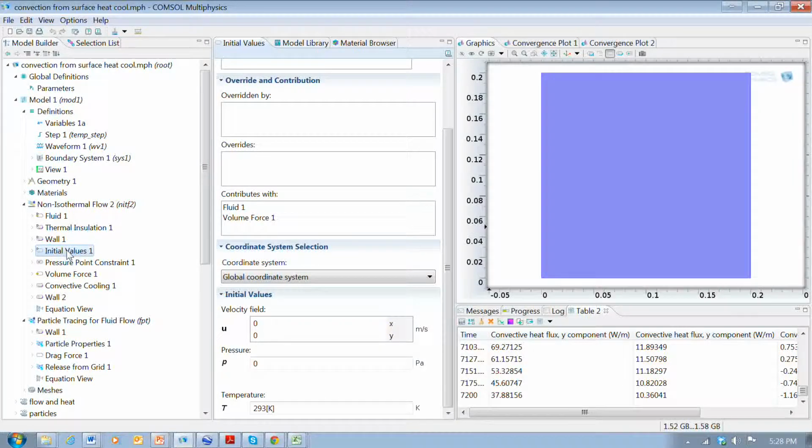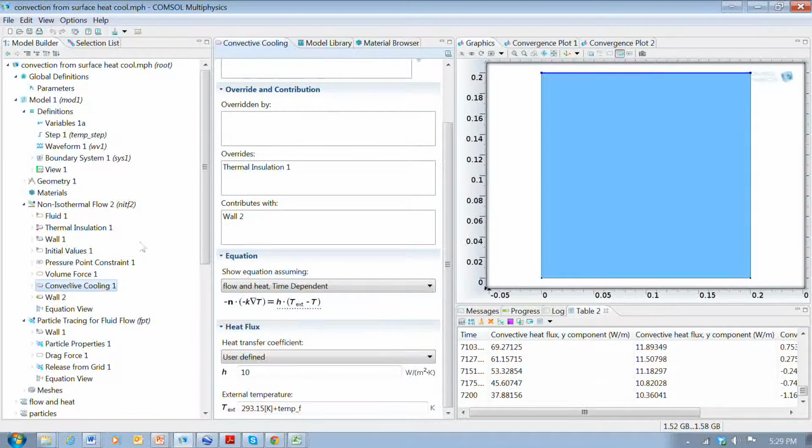The initial value of the temperature is 293. Now the default is 293.15, and for the convective cooling boundary condition here at the top, what I'm going to do is use that default 293.15, and then I'm going to apply to it this sinusoidal function.